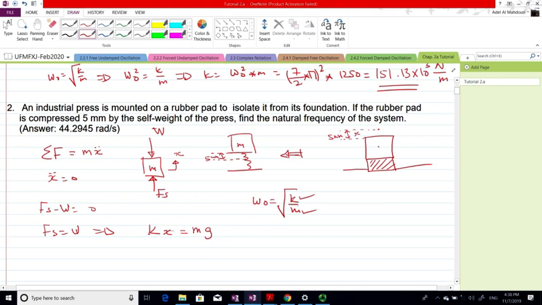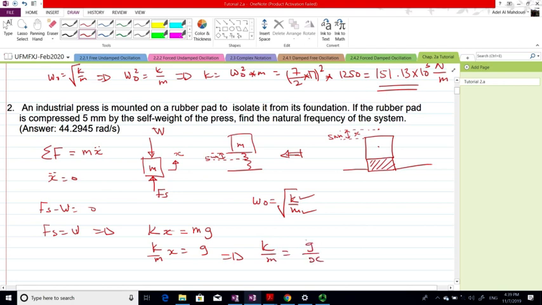If we divide this side by m and that side by m, you will get k over m times x equal to g. If we divide g by the displacement x, you will get k over m equal to g over x.